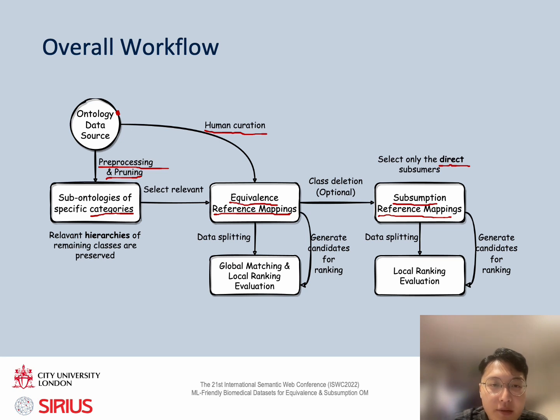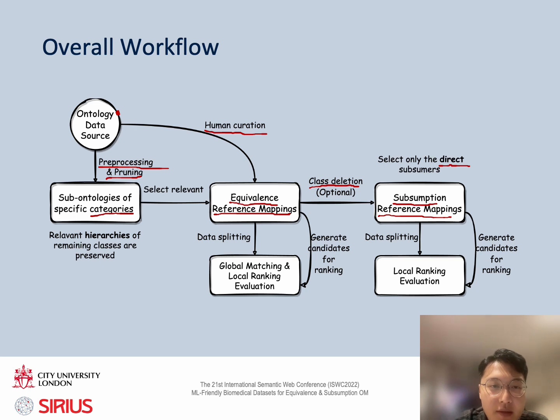There's also an optional class deletion algorithm, which is to subtract any equivalence mapping that is used to create subsumption mappings. As such, systems cannot use equivalence mappings as an intermediate to infer subsumption mappings. They have to do it directly, so overall the task will be more challenging.